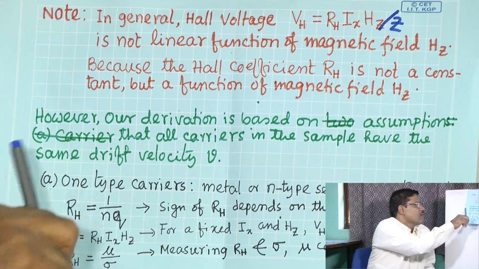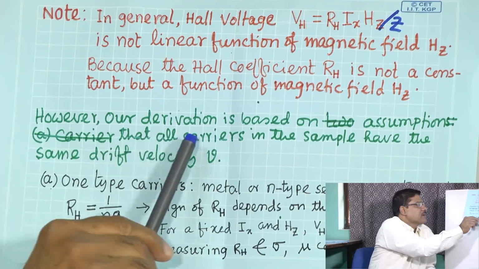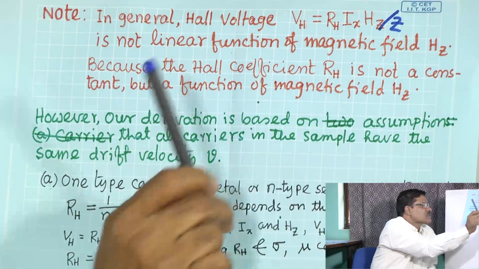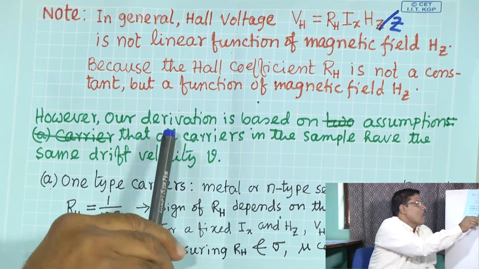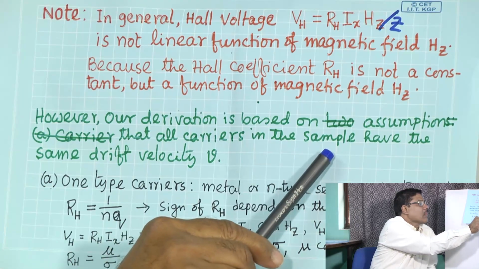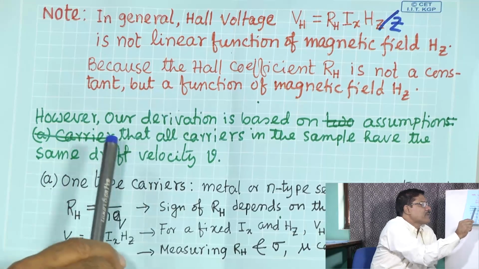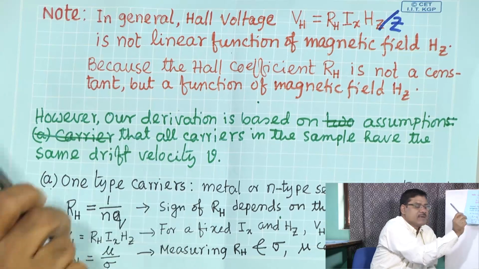However, our derivation is based on an assumption. So why is RH not constant? The reason is that we have assumed that all carriers in the sample have the same drift velocity v.